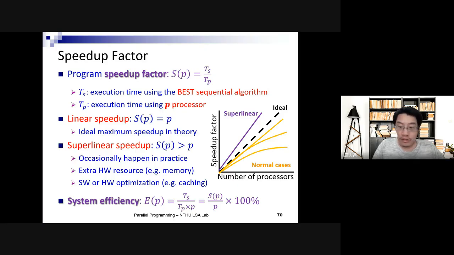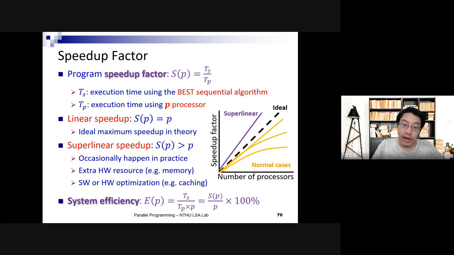Okay, so for your homework, you're going to plot the speed up factor for your program, and of course you can also observe the system efficiency. And of course, for system efficiency, supposedly it will decrease as the scale increases. Okay. All right.